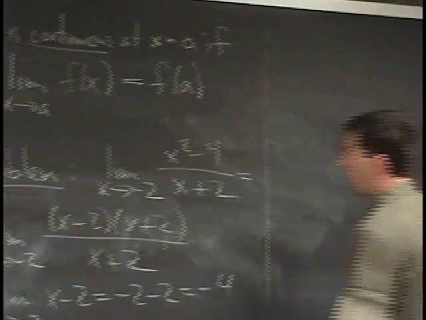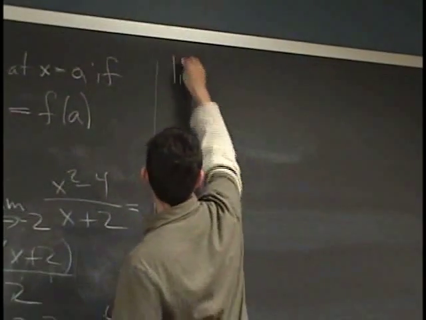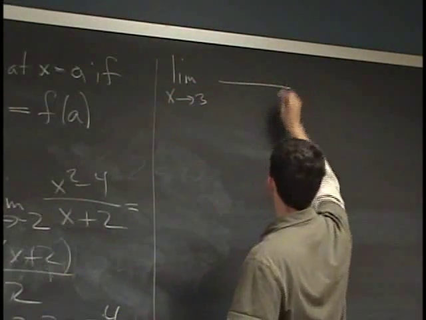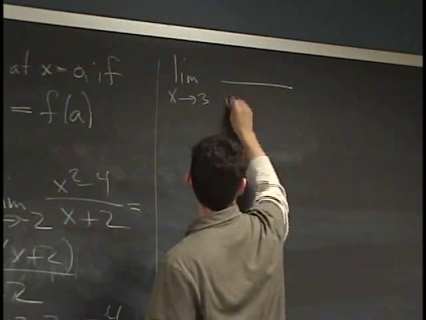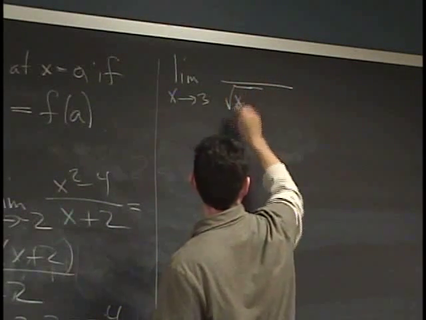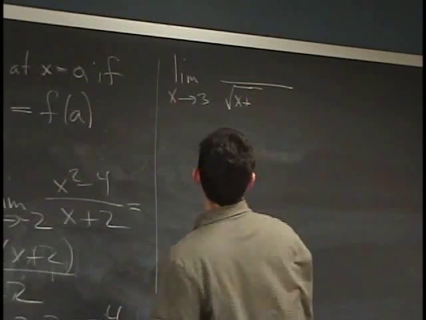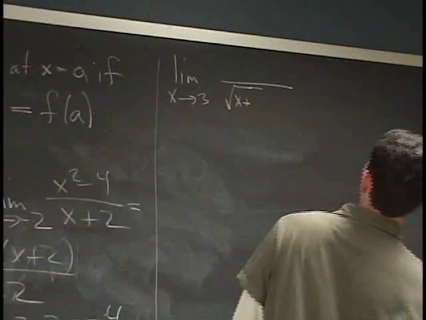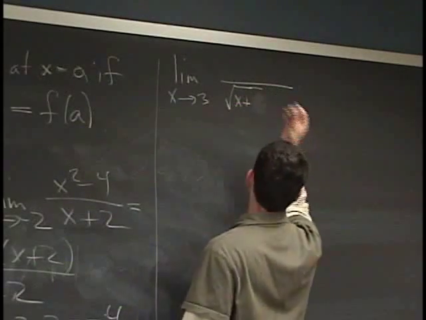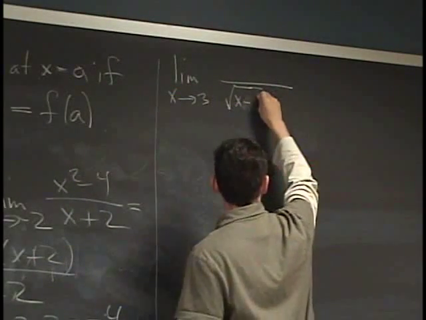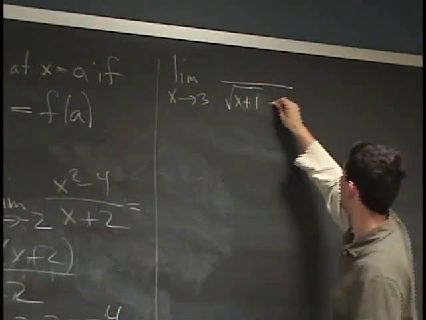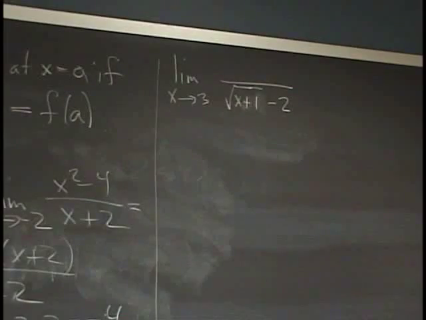Then we see some harder ones. Let's say we put an x over 3 here, and we'll do a square root of, let's say, x. What should we put in here? How about, I don't want to do that. Let's put, that'll be fun, x plus 1. Put a minus 2 down here.